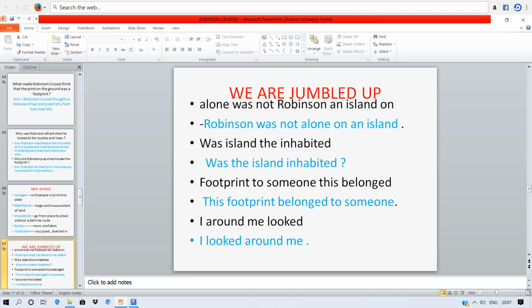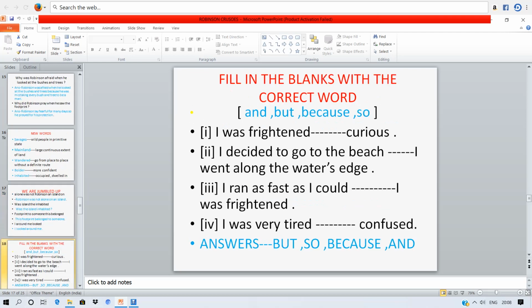And the last jumbled up sentence is: I around me looked. And you have to arrange it properly. And the answer will be, I looked around me. So this is the slide which we have just completed, and look at here. What is given over here?